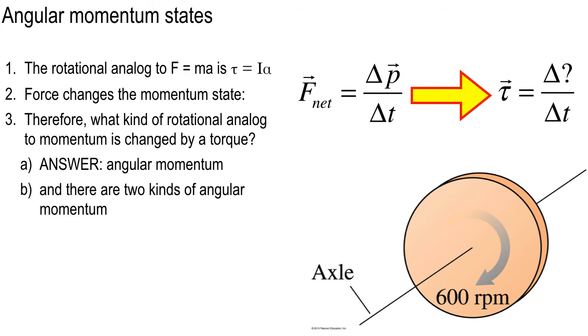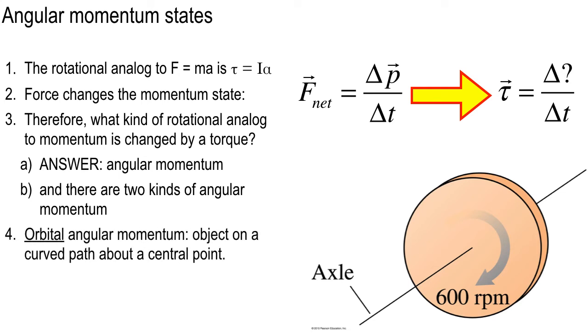And there's actually two kinds of angular momentum. It's kind of cool. Really, you shouldn't say there are two different kinds, but there are two different ways to account for angular momentum. First of all, there's orbital angular momentum, and that's for any object on a curved path about a central point. So you could think about the angular momentum of a planet going around the sun. It's on a curved path, and the sun would be the central point.